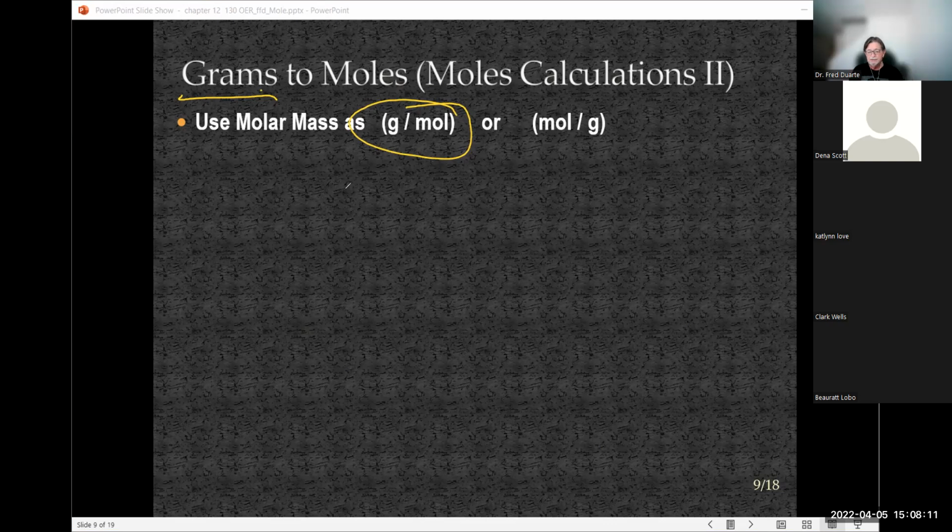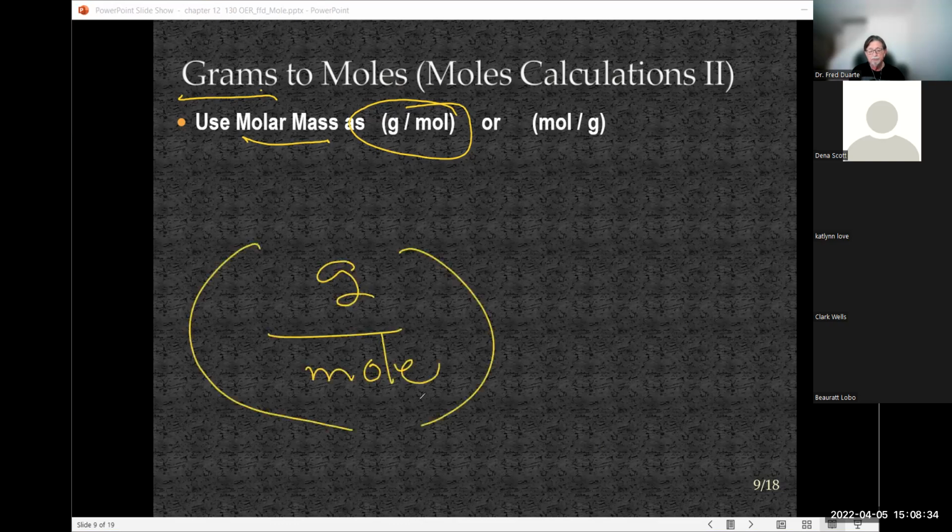And the molar mass, the only difference between molar mass and the atomic weight is that the molar mass is the sum of the atomic weights of all the atoms involved in the structure of the compound that you're working with. So obviously they're going to have the same units. Molar mass, with the units of grams per mole, is another ratio, okay?